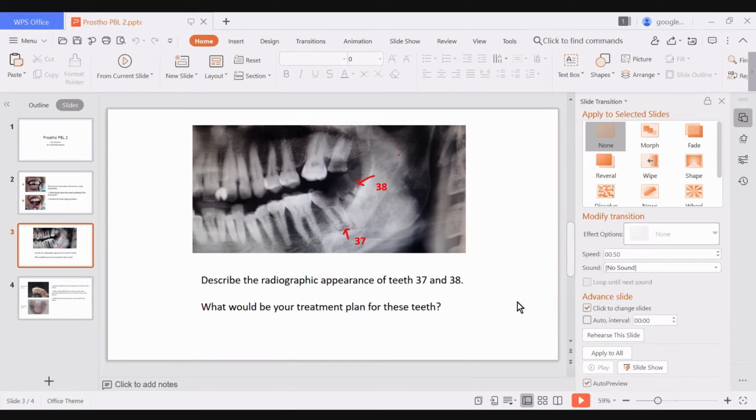You want the diagnosis, is it? I want what the question asked, the radiographic appearance. There is periapical radiolucency. That's all I can see. Okay. Anybody else?